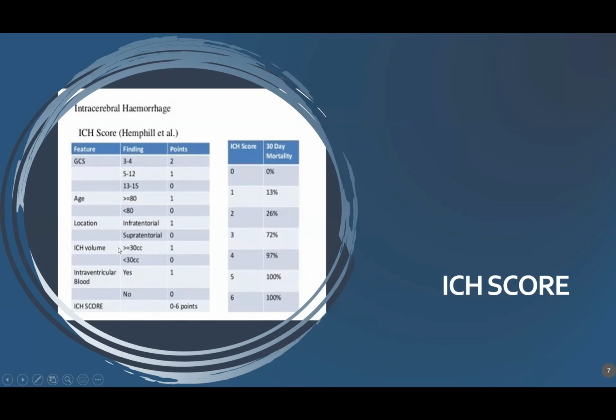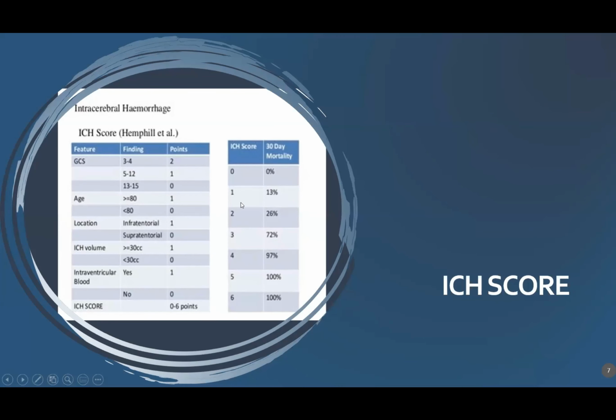ICH volume more than 30 or less than 30 is relevant for surgical intervention in these patients. Intraventricular blood gets 1 point, but if you take this blood out, you will decrease their score.